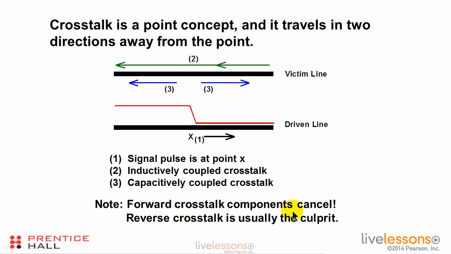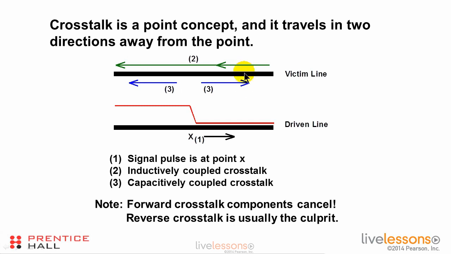So the forward crosstalk components tend to cancel. And we have one signal going in this direction. That's the inductively coupled signal. We have one signal going in this direction. That's the capacitively coupled signal. If those two signal components happen to be equal and they are opposite, then they would cancel.